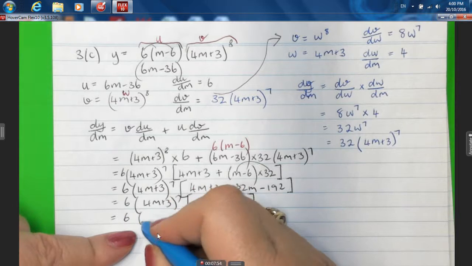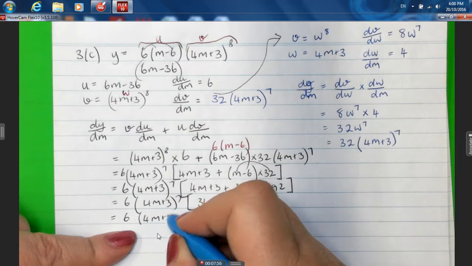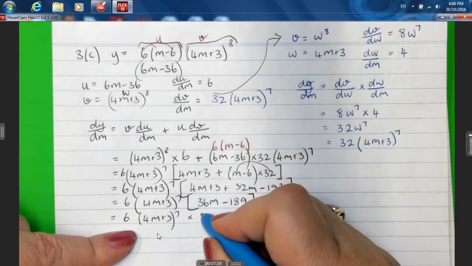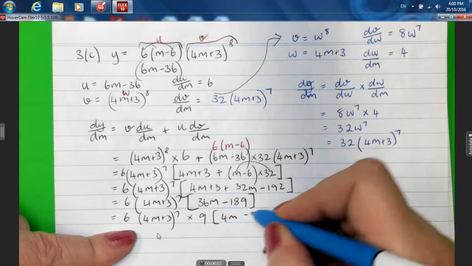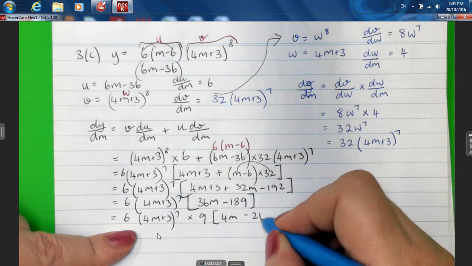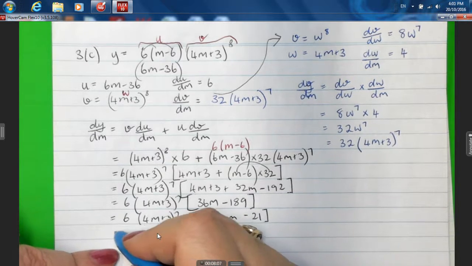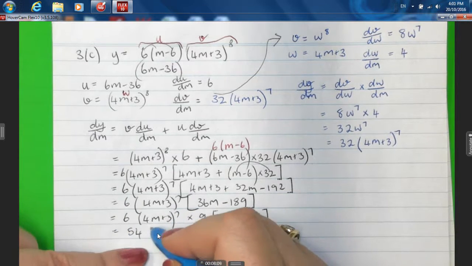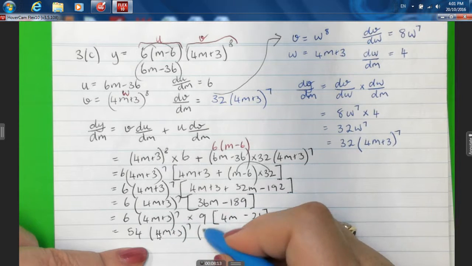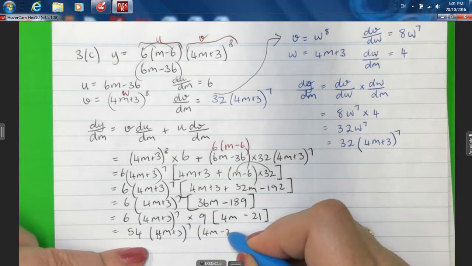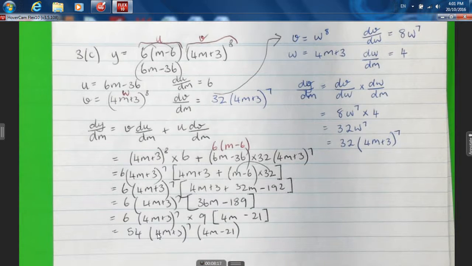So 6, 4m plus 3 to the 7 times 9, 4m minus 21. The 6 and the 9 go together. Possibly should have put that factor first, but anyway. And then we are done.